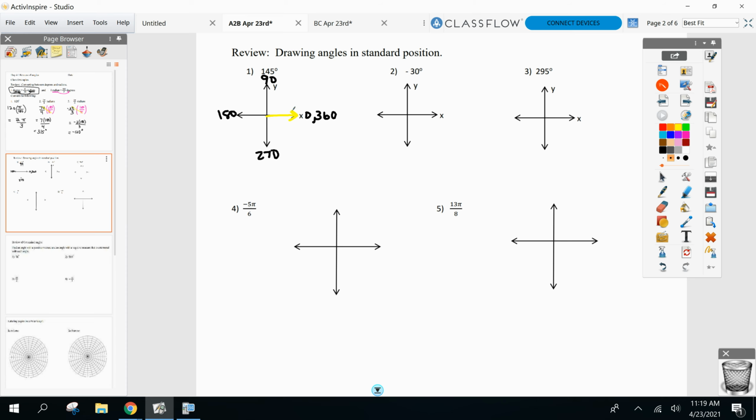Then you have to put the other side in the correct quadrant. So 145 degrees would be between 90 and 180 in quadrant 2, and it would be closer to 180, so make sure you put the other side closer to 180.